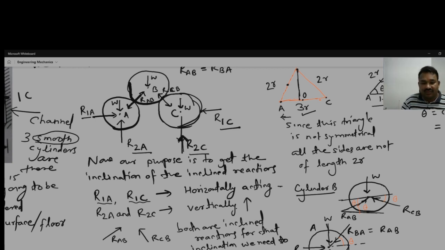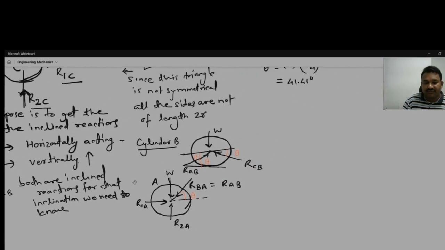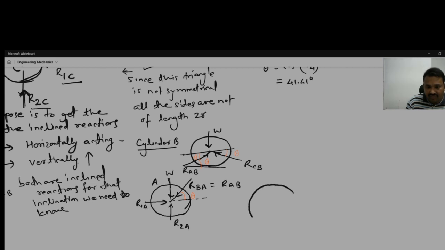And what about the another cylinder? Okay, you can see here.